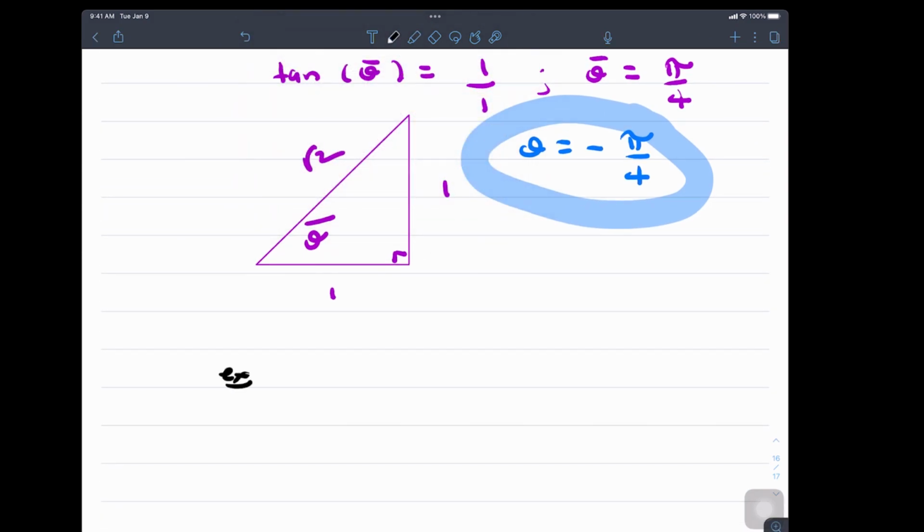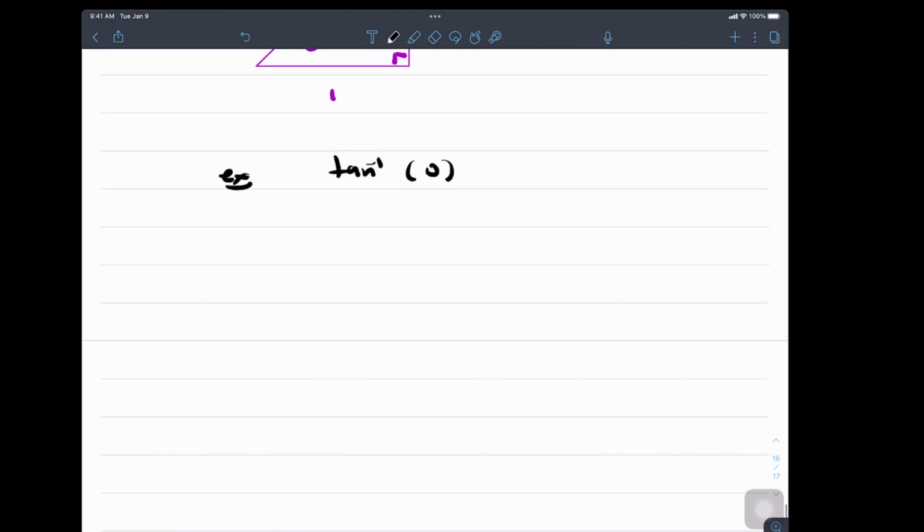What about something like this? Inverse tangent of 0. Go, oh, Mr. Judge, theta is tangent of 0, right? Sorry, inverse tangent of 0. That means by definition, tangent theta is what? 0, is that right? So what does theta have to be here?